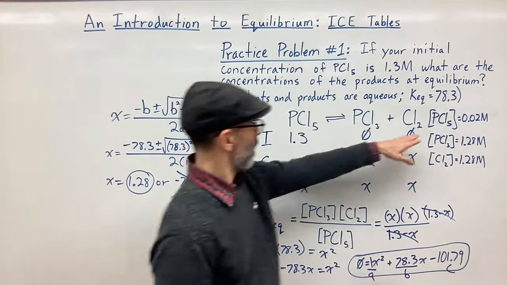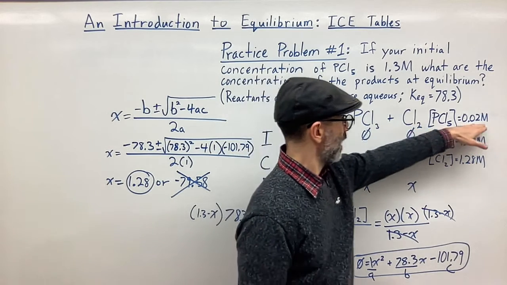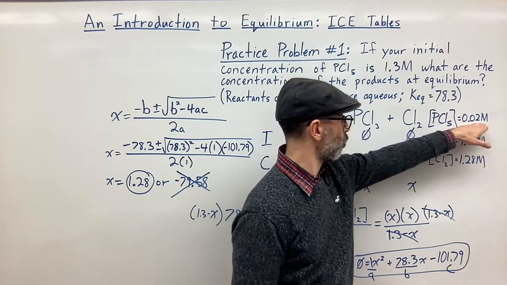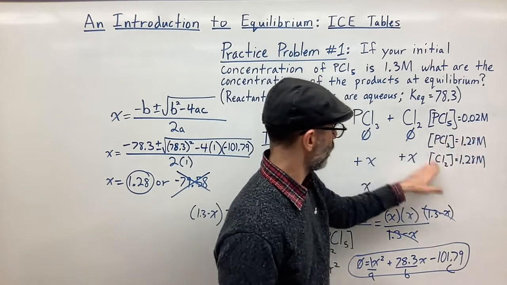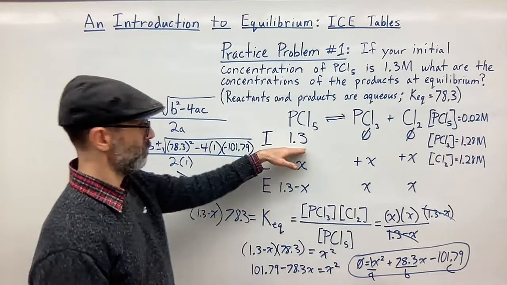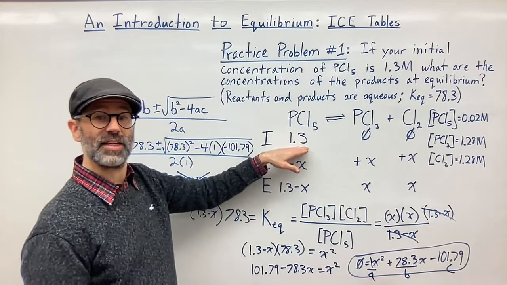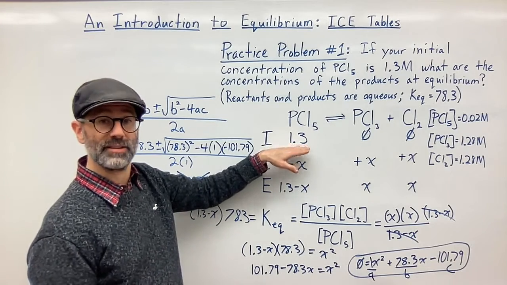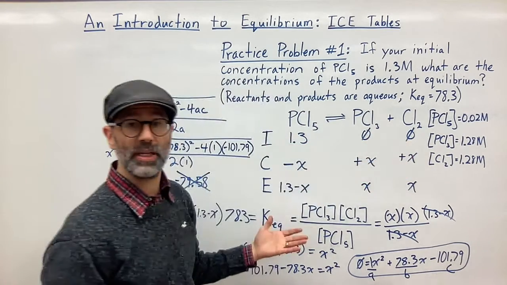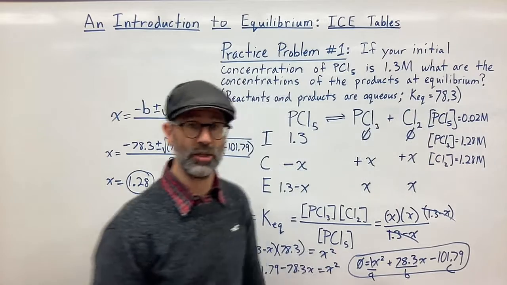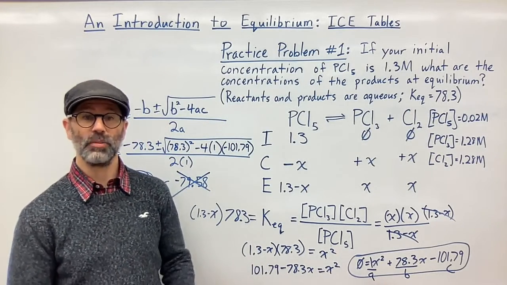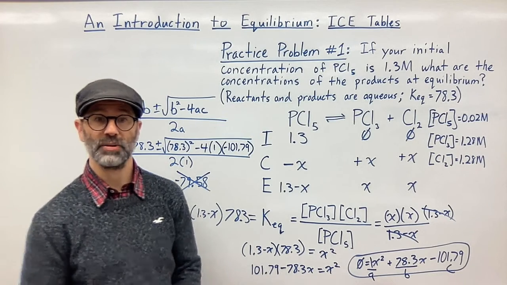Your reactant ends up with a small molarity, 0.02 molar, and your products, both of them, end up with almost the same concentration as what we started with for the reactant. So almost all your reactant became product, which is what would be expected if you have a Q that's very large. Okay, so let's do the next problem where our equilibrium constant is going to be very small.